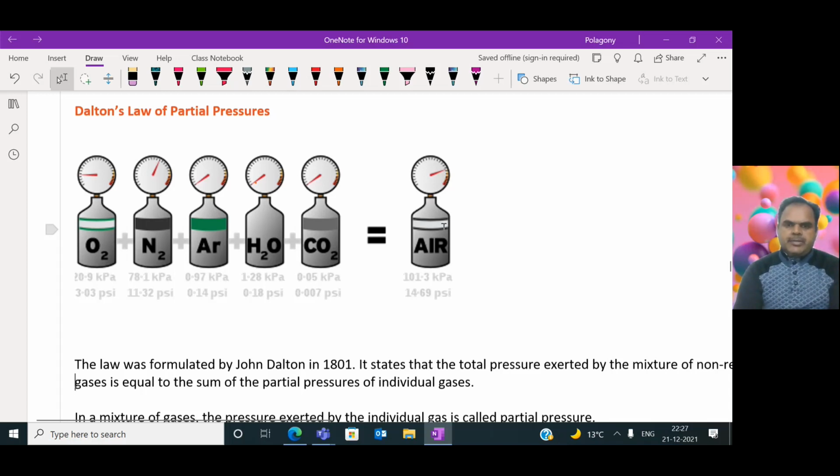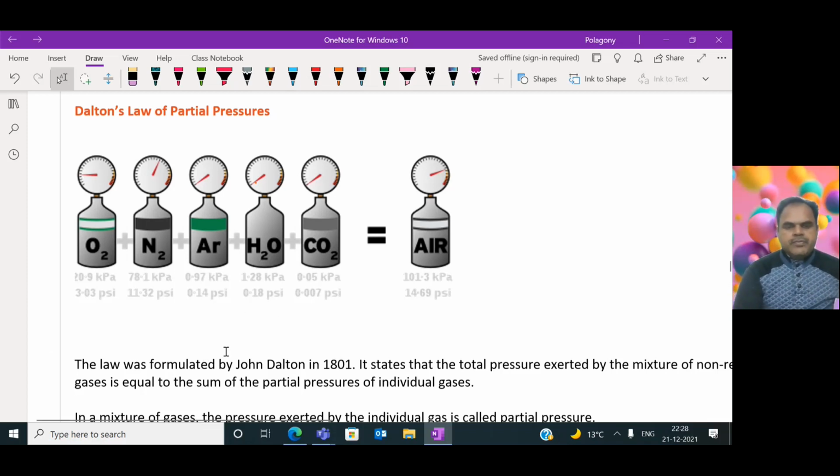The pressure exerted by this mixture of non-reacting gases is always greater than the individual gas pressures, for the fixed moles and fixed volume at the given temperature.